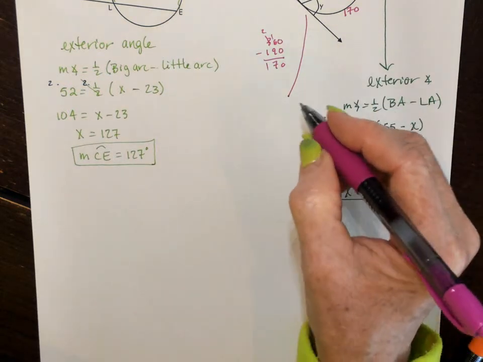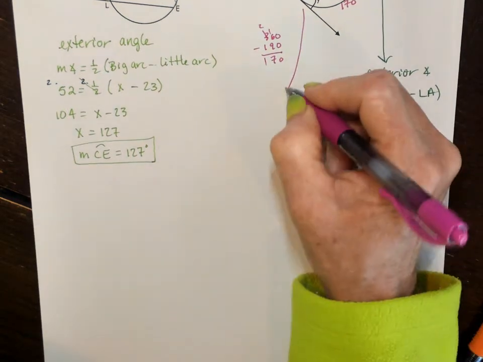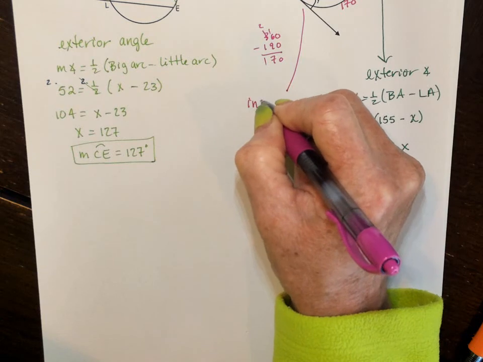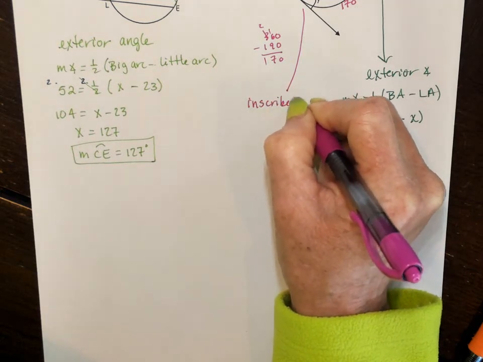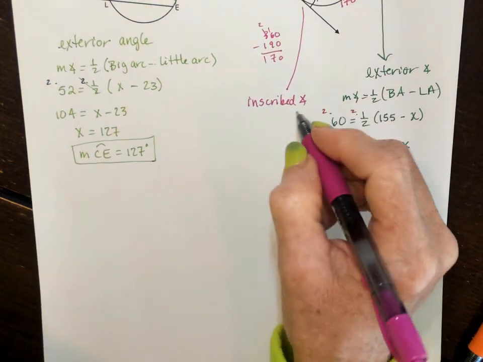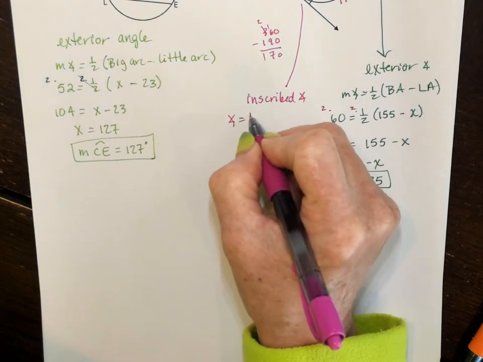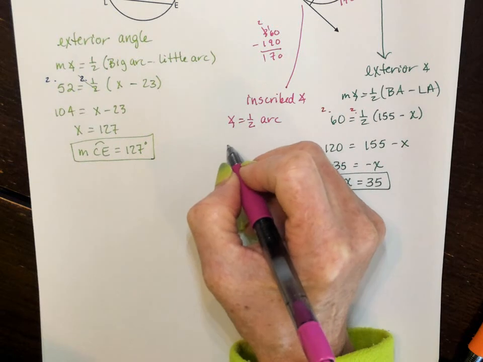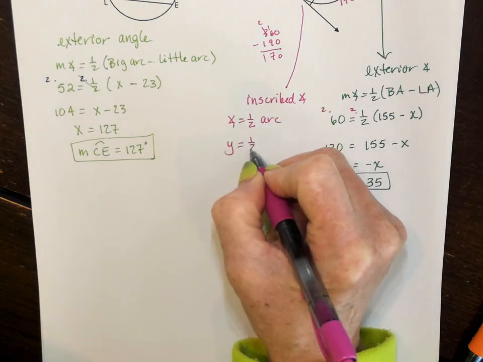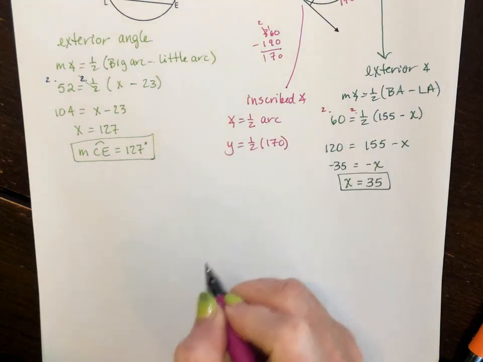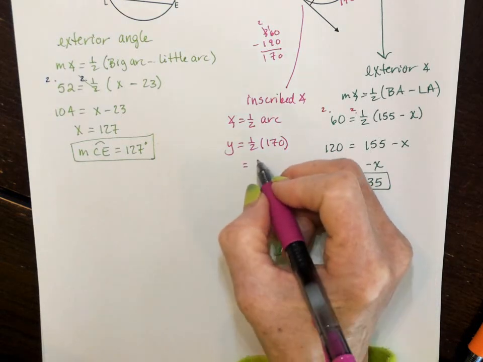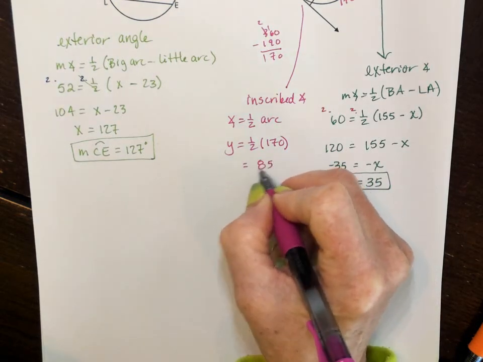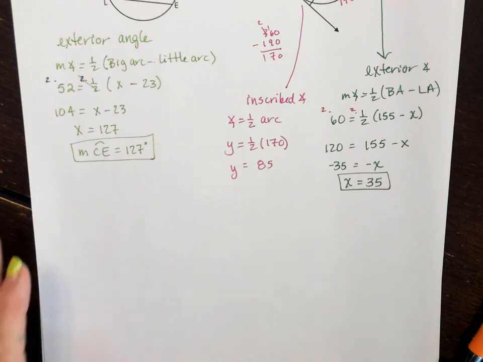So for angle y, that's going to be an inscribed angle. And so we know that the angle is half of its arc, or that angle, y, is 1/2 of 170, and half of 170 is 85. There we go.